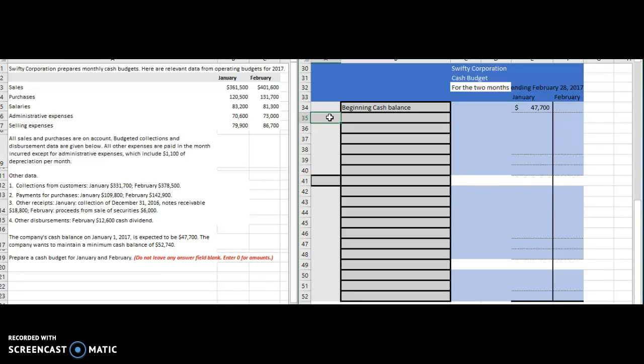Next, we're going to add in the cash receipts. First we add in collections from customers. For January, it was $331,700.